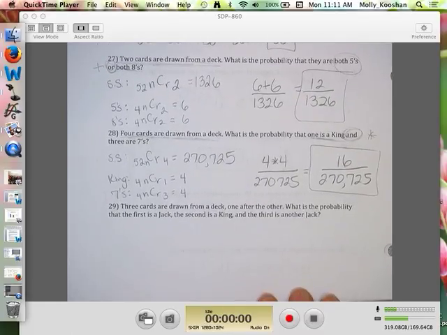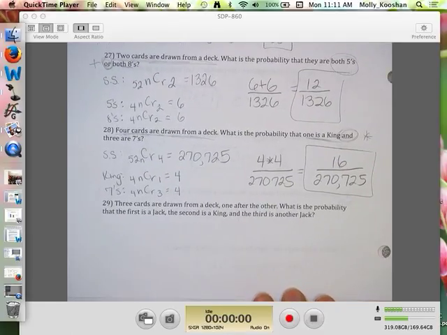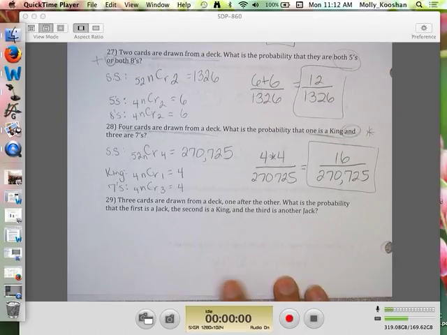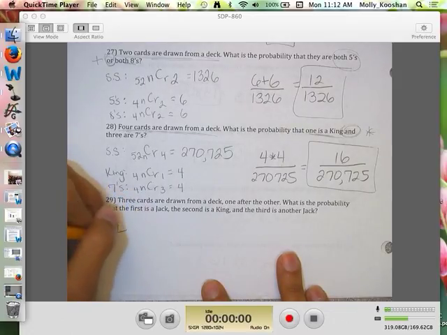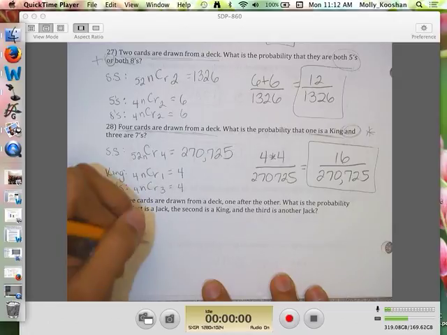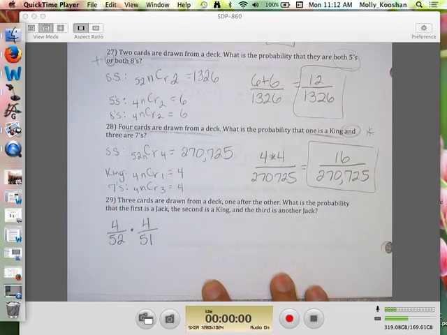Okay, number 29. 3 cards are drawn from a deck, one after the other. What is the probability that the first is a jack, the second is a king, and the third is another jack? The one after the other in succession. Okay, so the first one is a jack. That's 4 out of 52. Times the second is a king. 4 out of 51 because we took the jack out.